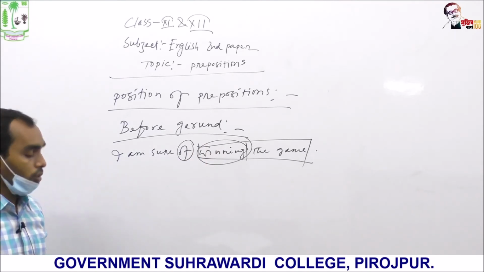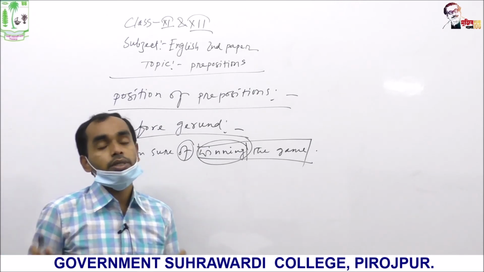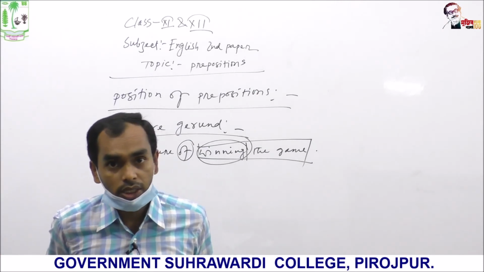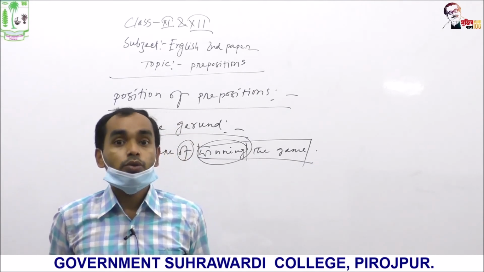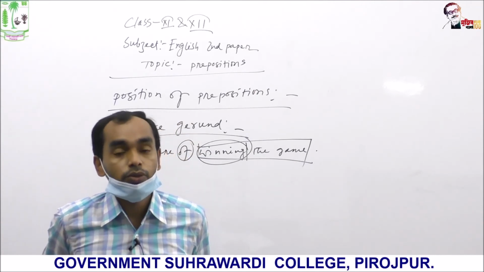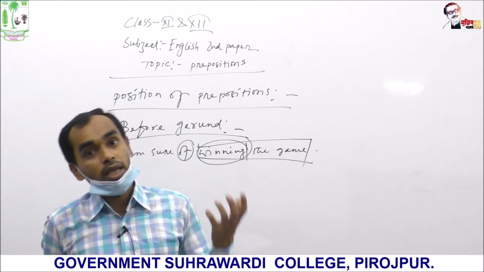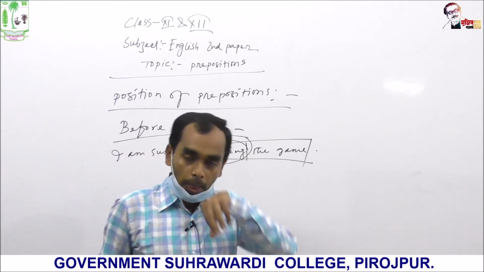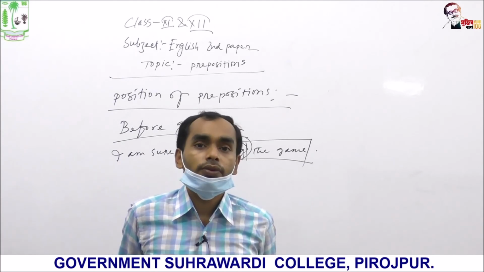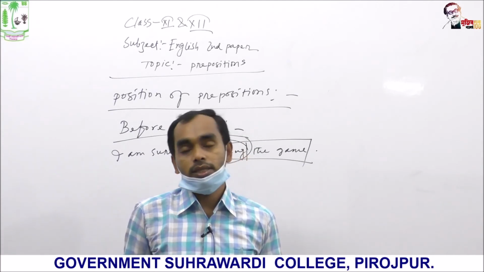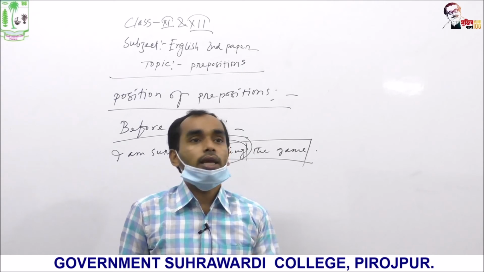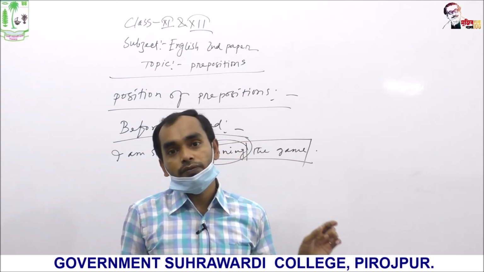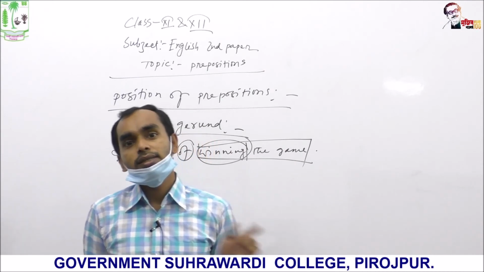Okay. So from our discussion we have got some points where a preposition can be used. We must have a clear concept about the uses and the position of a preposition in a sentence. Now I would like to mention those places of a preposition in a sentence again.